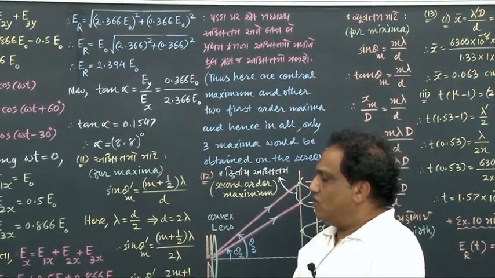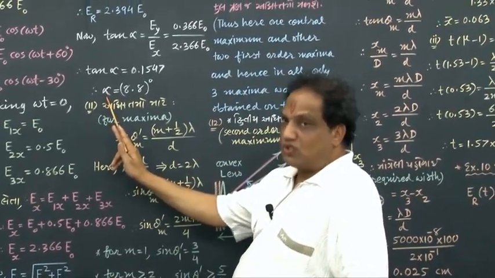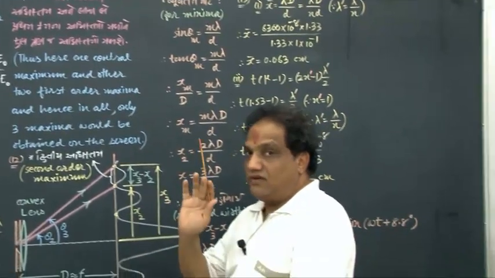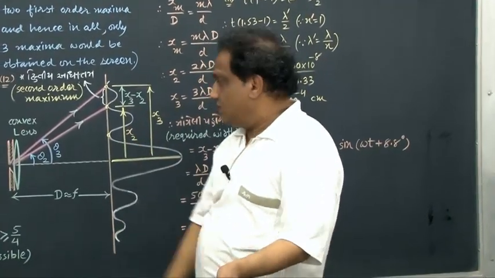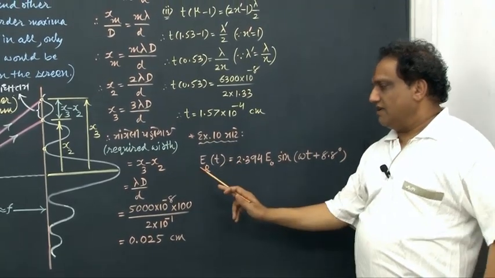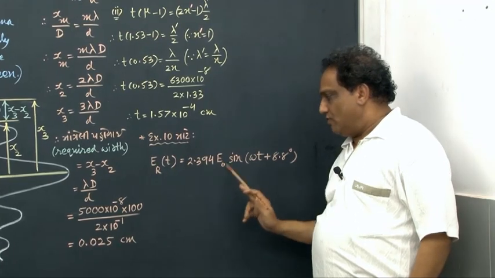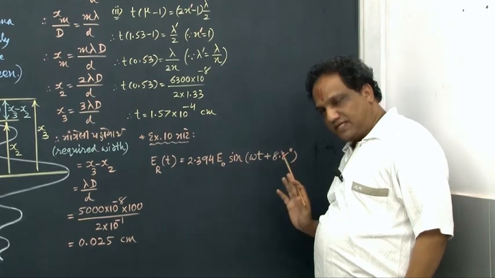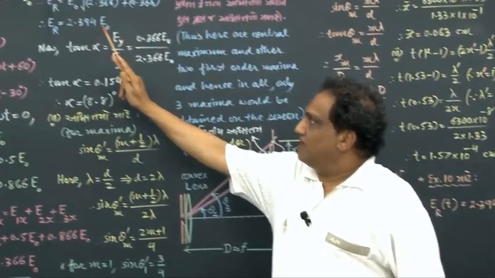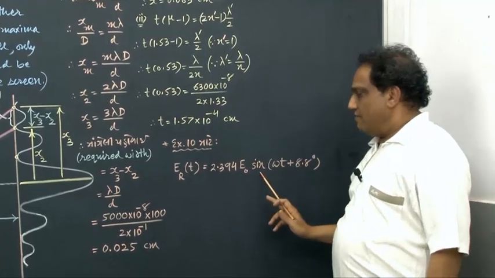So you were asked to find out magnitude of resultant vector and phase also, correct? So now the resultant light vector you can represent this way. For example 10, resultant light vector at any time t is equal to its amplitude multiplied by sine. Amplitude is 2.394 E0, and why am I writing sine?